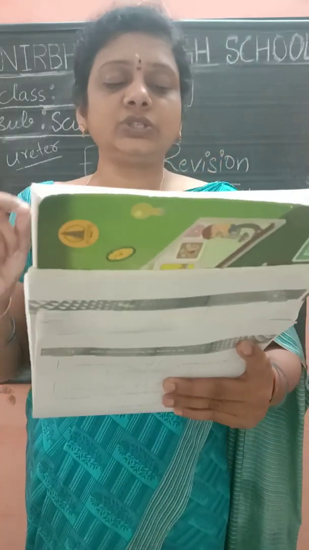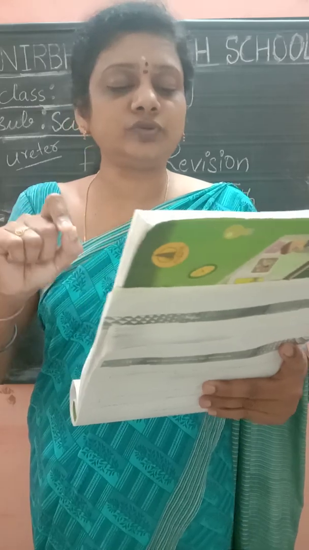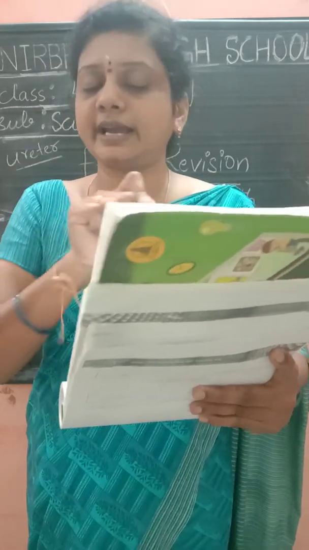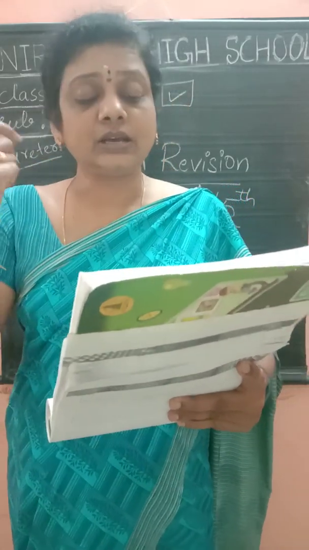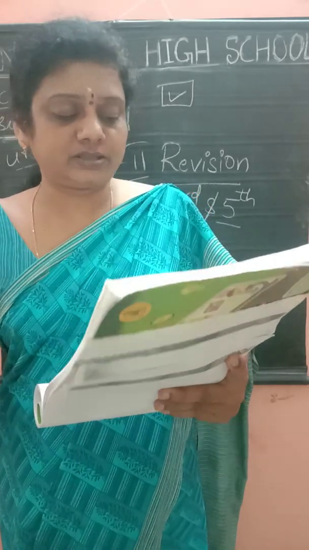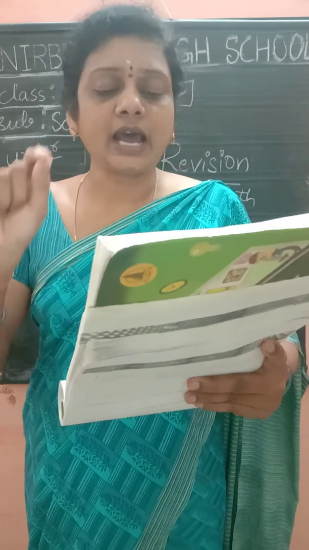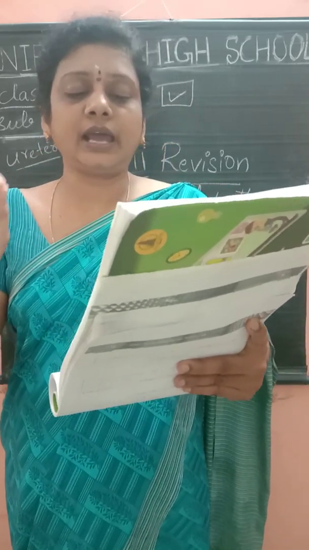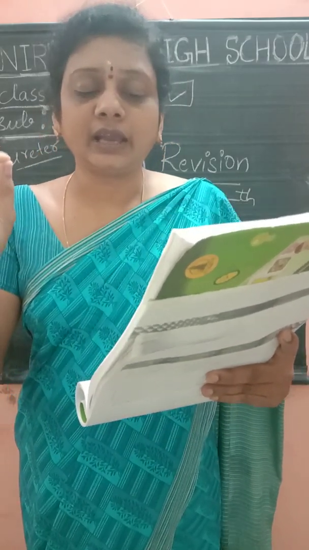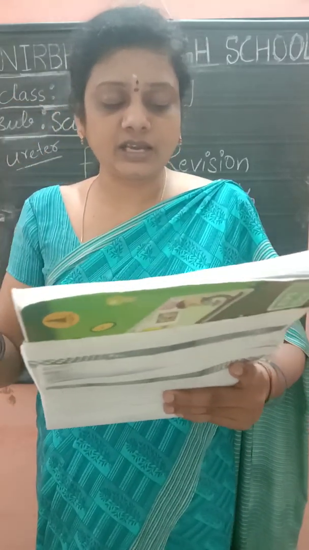Third one: things which are no longer useful to us are called dash. The answer is waste. Fourth one: the dash of waste happens with the help of air, water and tiny organisms. The answer is decay.